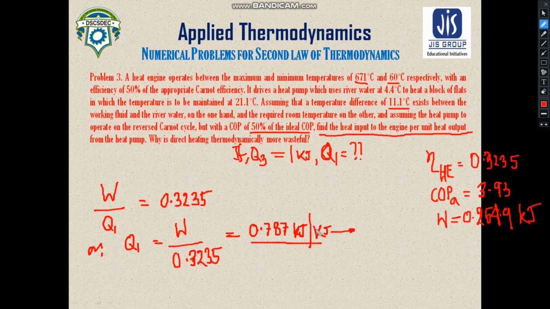So per 1 kilojoule of heat output from the heat pump, you will receive 0.787 kilojoule heat input. So I think we have completed the problem, and now we would move on to the next one.